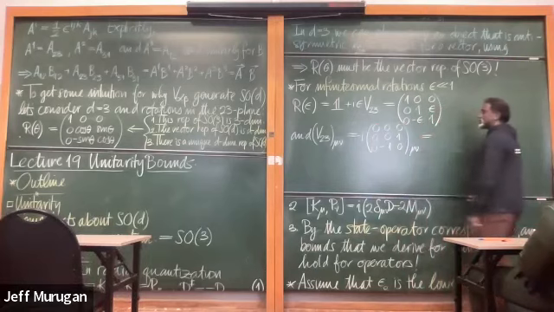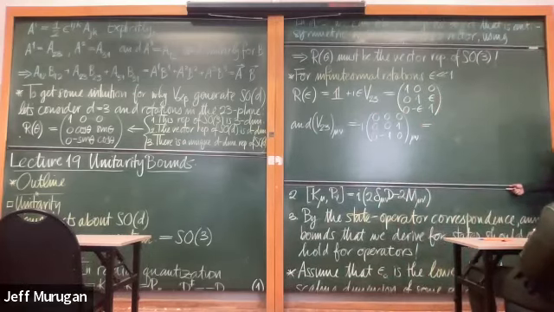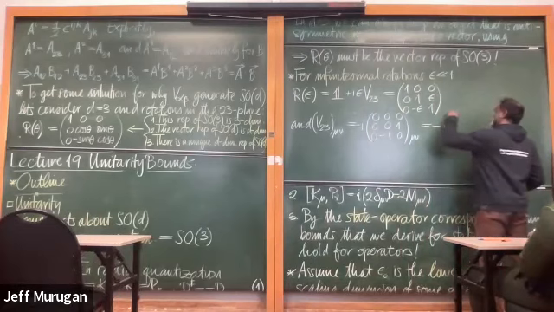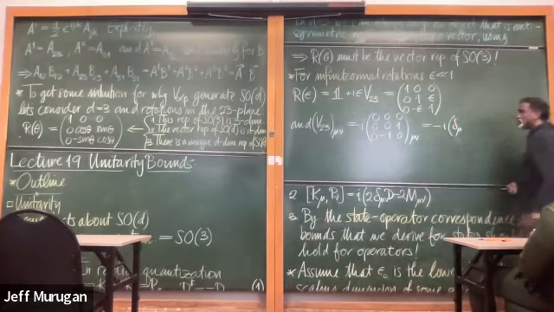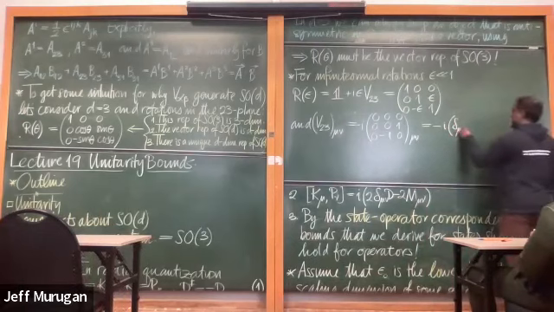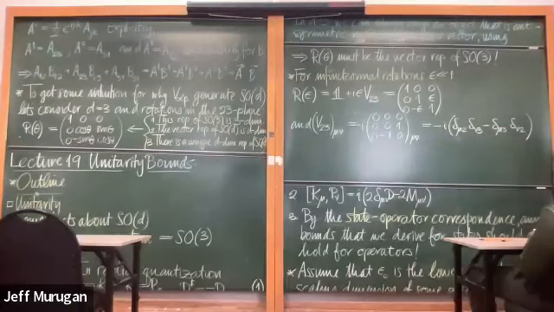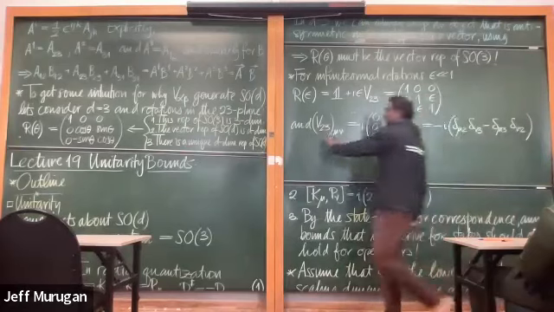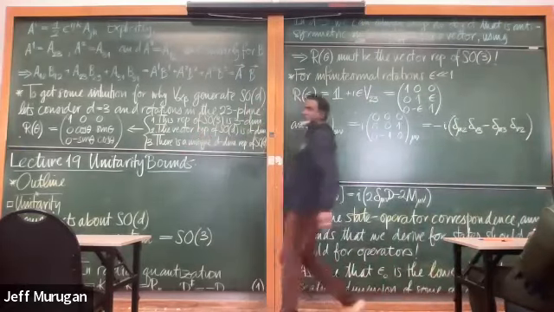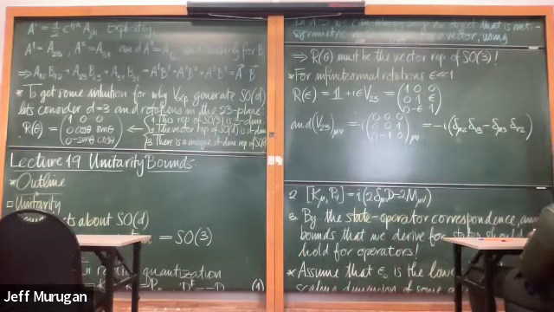Which is just minus i delta mu 2 delta nu 3 minus delta mu 3 delta nu 2. You can show the same if you rotate on the 2 axis and rotate on the 3 axis. Okay, so you can see why this is the generator of the vector representation of SO(3).